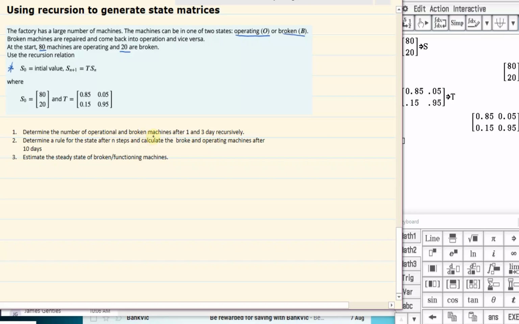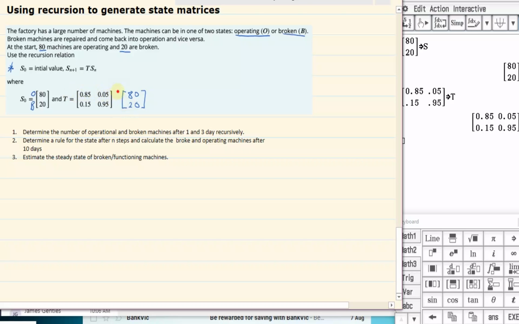Now, just to annotate these a little bit, so we know that these here are the operational, these here are the broken, so we're told up the top. But with the transition matrix, just to make that a little bit clearer on what is what, if we were to line the operational and broken machines up here as a matrix, you can see that 80 here lines up with this row.